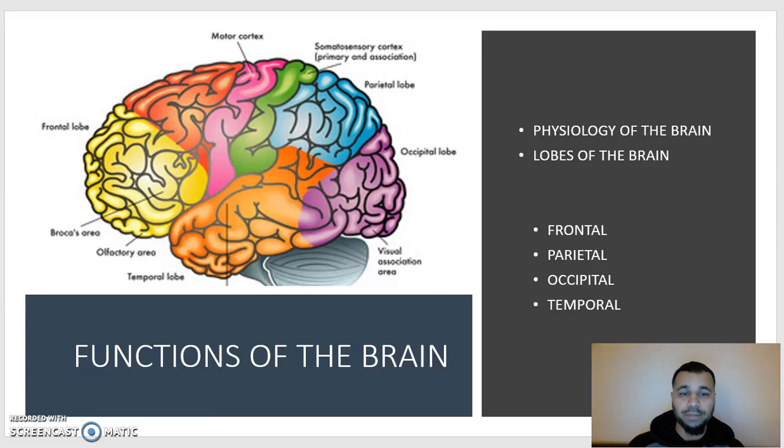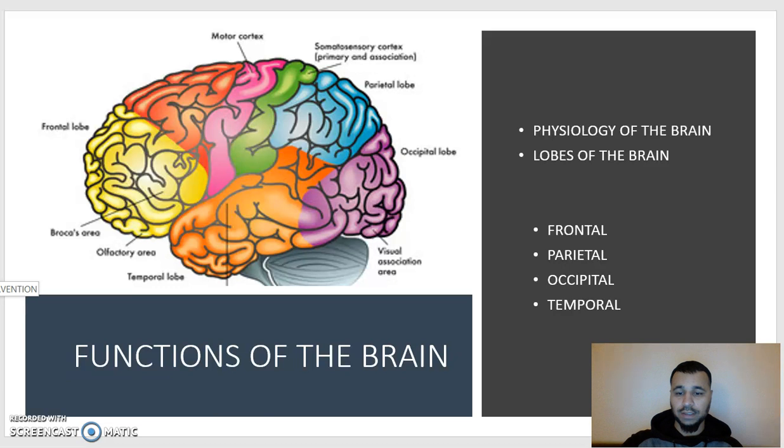And the temporal lobes are responsible for smell, taste, and sound. And this is where they also help with the function of storing things for memory.